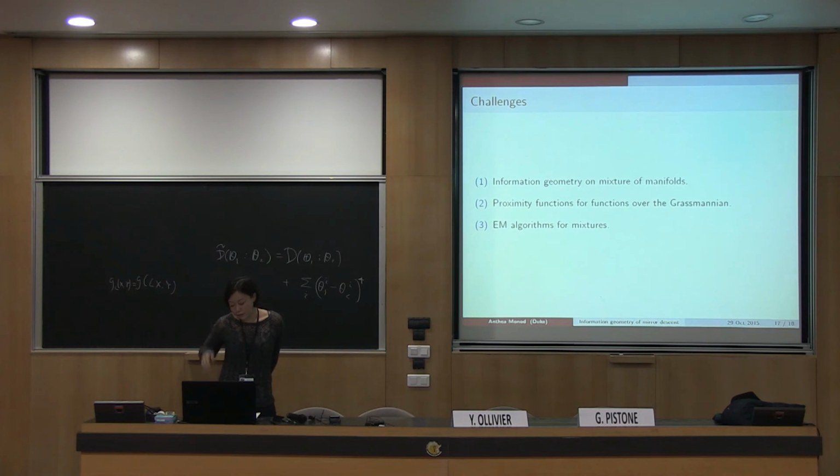So instead of looking at particular Riemannian manifolds, they look at the case when your parameter space is mixtures of Euclidean and non-Euclidean manifolds. They're also looking at defining proximity functions, so functions over the Grassmannian, as a particular generalization of the manifold, and at the development of EM algorithms for mixtures.